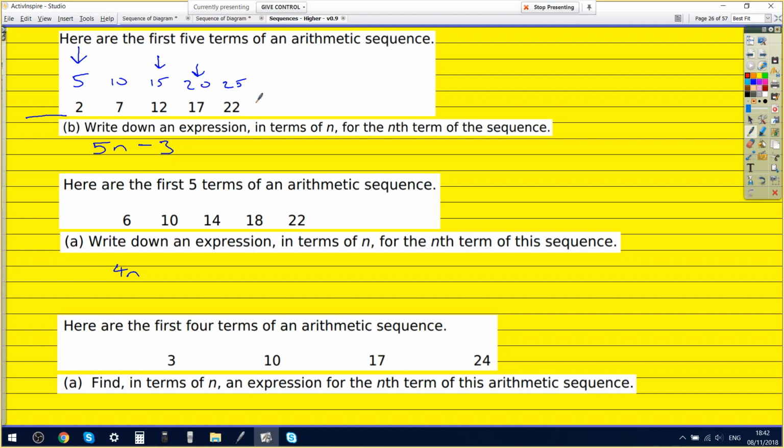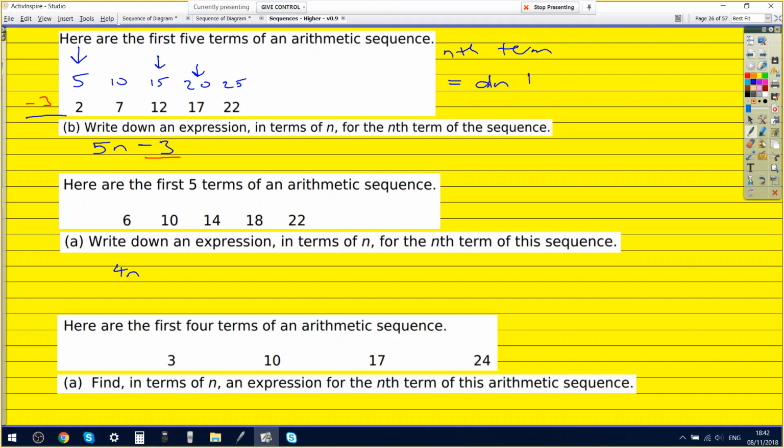So the term before number 2 in question 1 is minus 3. Yeah. And that's where this minus 3 comes from. So in general, for the nth term, you know the equation of a straight line, y equals mx plus c.